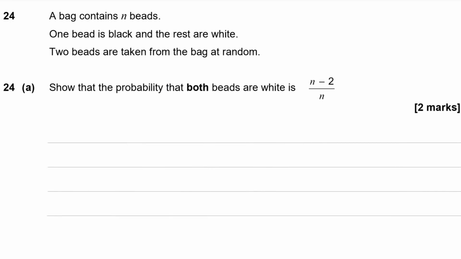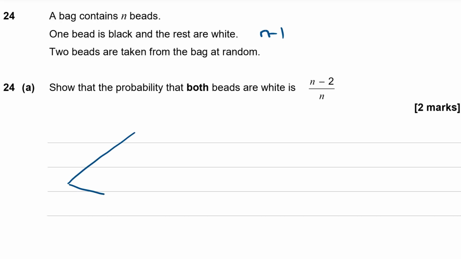Okay, so our bag contains n beads. One bead is black and the rest are white, which means that the number of white beads is n minus 1. So 2 beads are taken from the bag at random. So let's just do a quick tree diagram of that so I can be clear in my head what's going on.